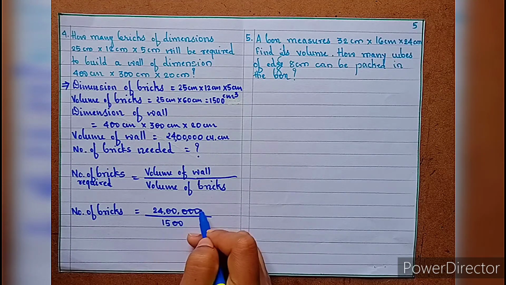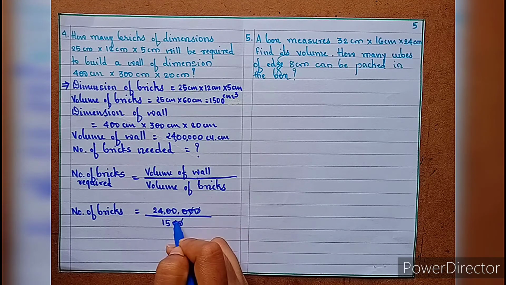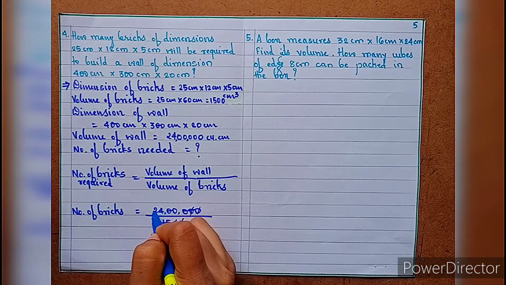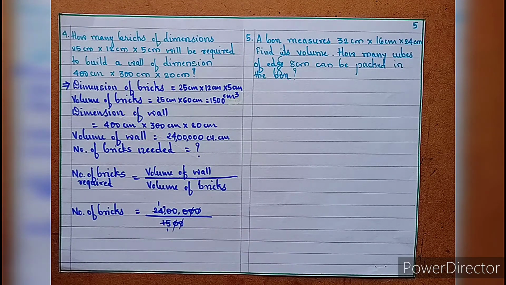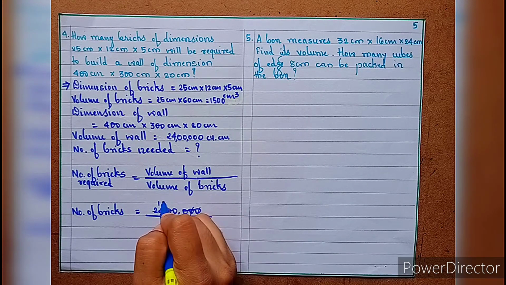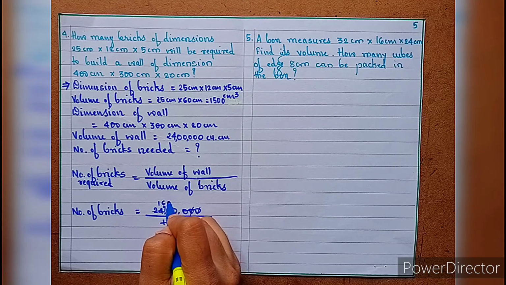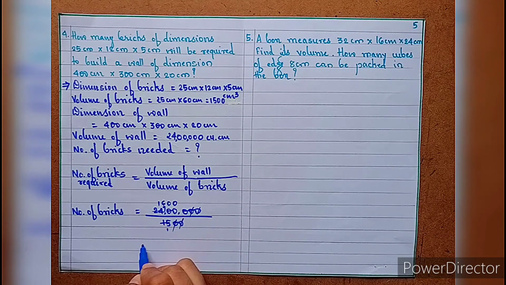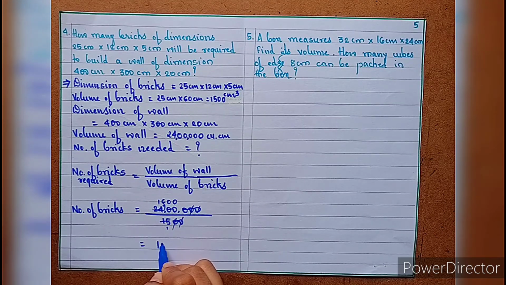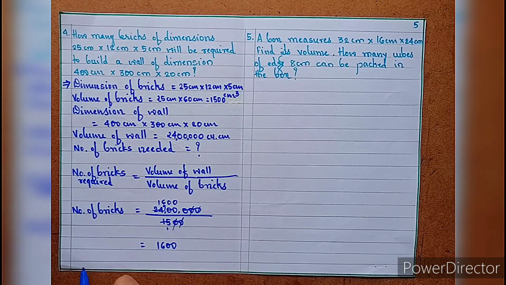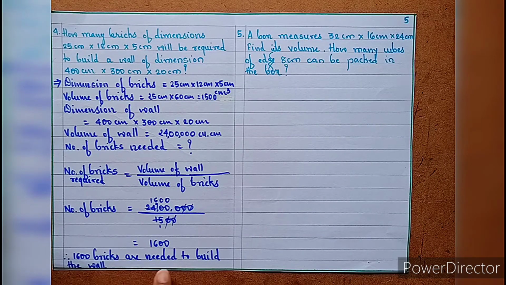When we divide, we cancel the common zeros. 15 ones are 15, then remains 9, 15 6s are 90, and 15 zeros are 0. So accordingly we'll get 1600. Therefore number of bricks needed are 1600. Let's write the final statement: therefore 1600 bricks are needed to build the wall.